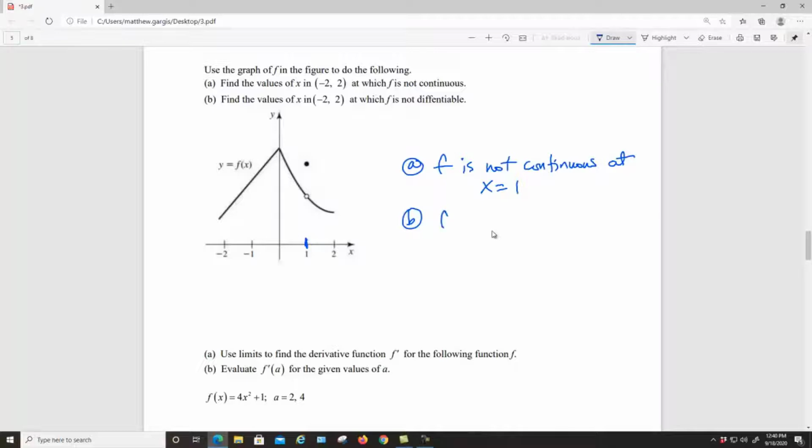So I would say f is not differentiable at x equals 1. Also, you've got a sharp curve here. Anywhere you have a sharp curve like that, or it's not smooth, then it's not differentiable, and that would be at 0. So on this one, we'd also say it is not differentiable at x equals 0.